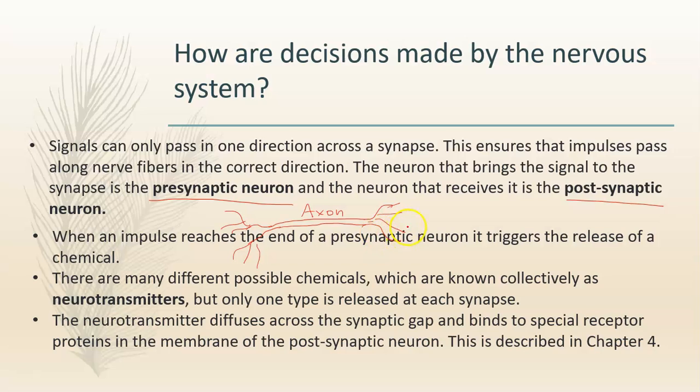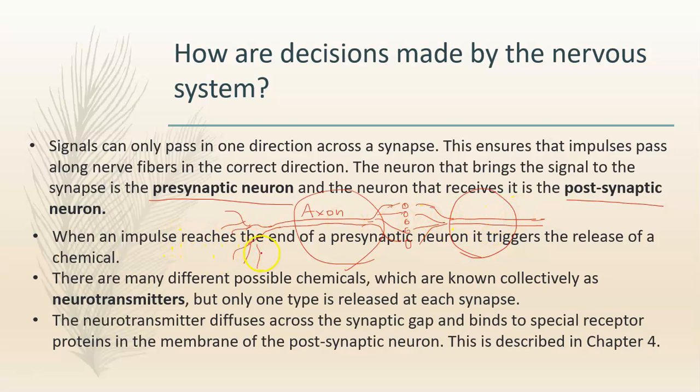So this is the presynaptic neuron, and it will pass the information using neurotransmitter to the next neuron, and that would be the postsynaptic neuron. So the one which previously has the information, sending the impulses to the next one, is called presynaptic, and this one would be postsynaptic. That's so simple.